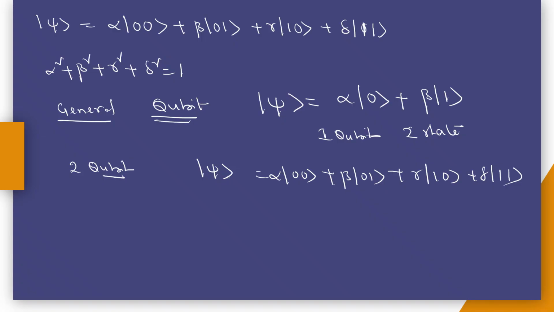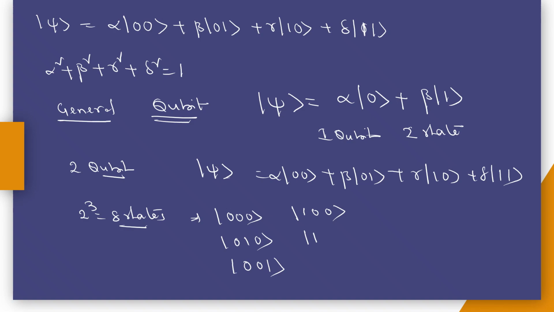In case of a 3 qubit system, we have a total number of 2 power 3, 8 states, like 000, 010, 001, 100, 101, 011, or else we need to take it as 111.